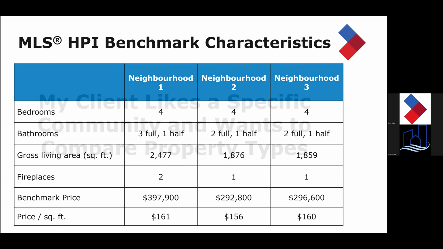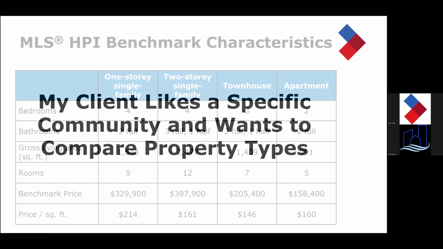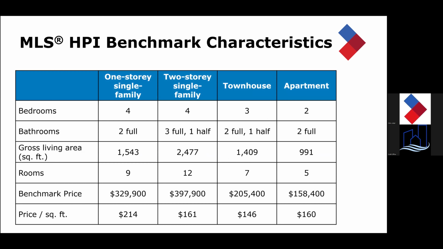Now, on the flip side, your client might also tell you that they really want to buy a home in a specific neighborhood. Maybe it's to be closer to a specific school or closer to family. They might be flexible on the type of home that they're willing to buy, or based on their financial situation, they might not be able to afford the type of home that they were originally considering. So once again, you can present your clients with a similar comparison, showing typical characteristics for different property types within the same neighborhood.